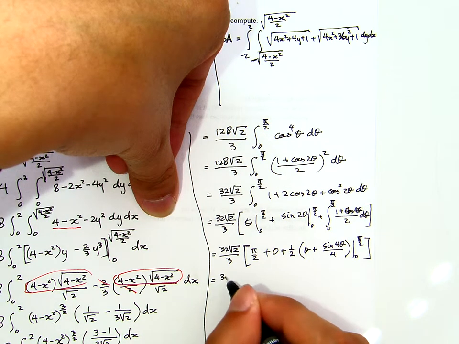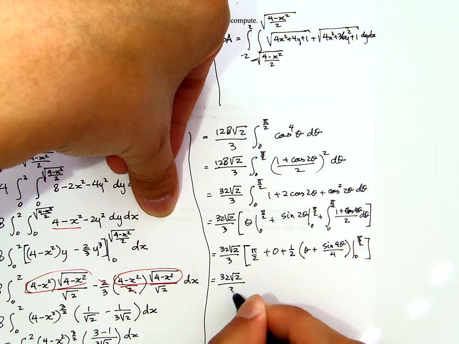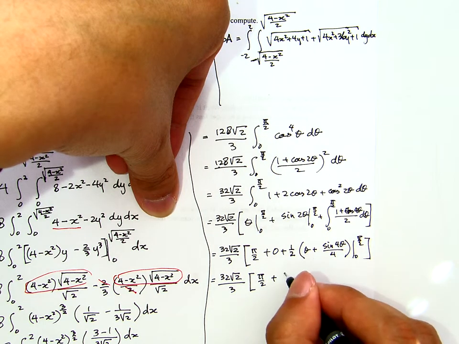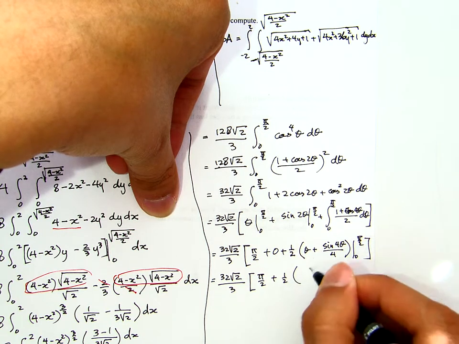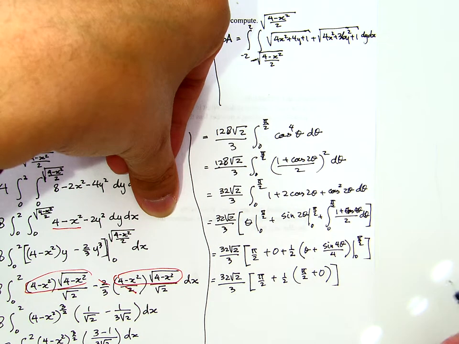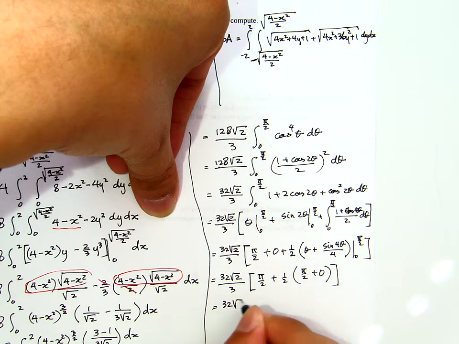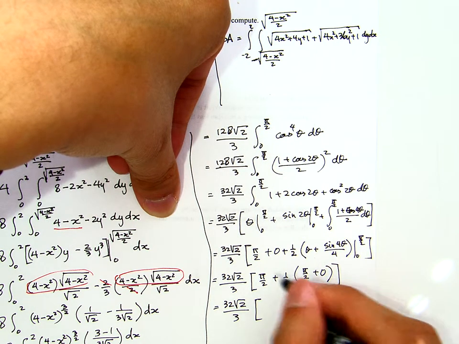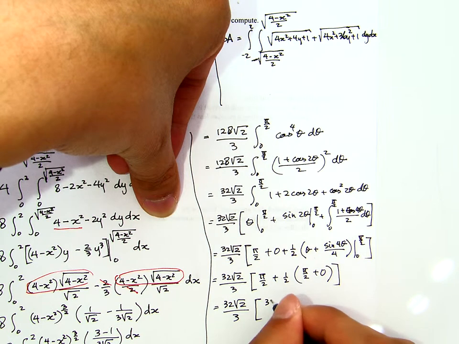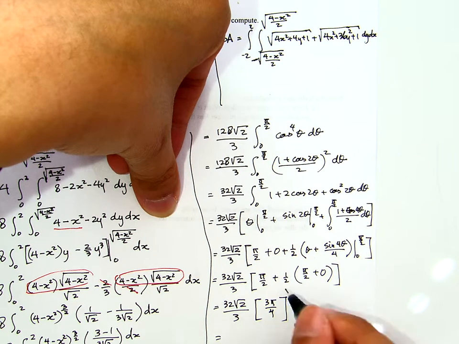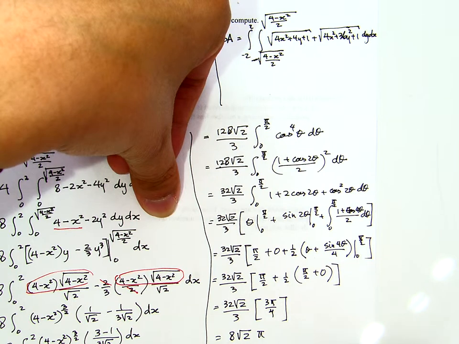Now this will be pi over 2 plus 1/2 times, when I plug it in, pi over 2 again, plus 0. From here it is algebra. It's 1/2, 1/4 plus 1/2 is 3/4. The 3 cancels, and the final answer will be 8 radical 2 pi.